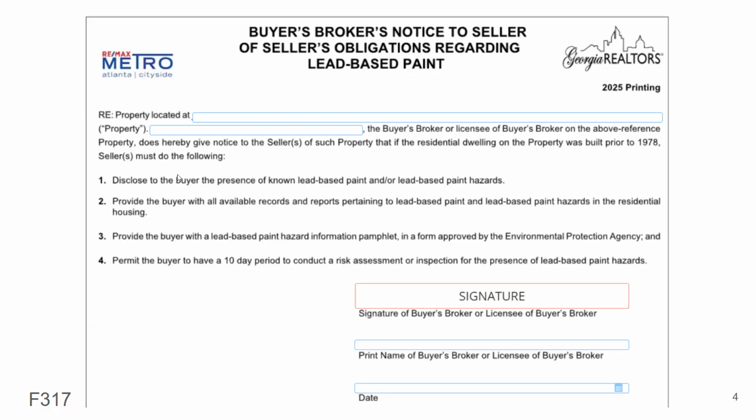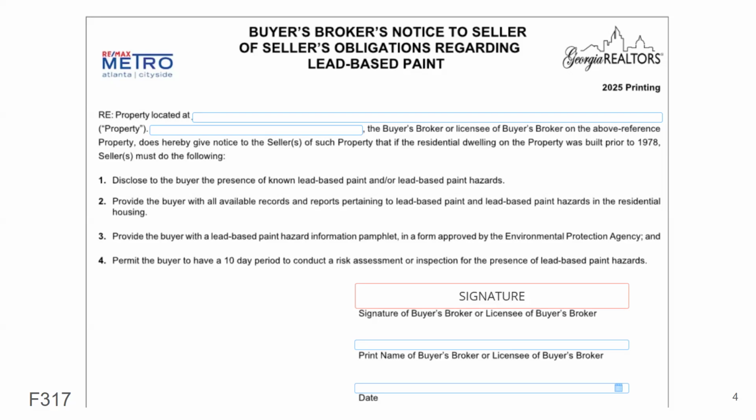Now, you want to do that with your offer so that you are providing that notice to the seller. And then on the lead-based paint exhibit, which I will try to bring up here in a second, there are 2 slots that say listing agent has notified the seller, with initials, and buyer's agent has notified the seller, with initials.